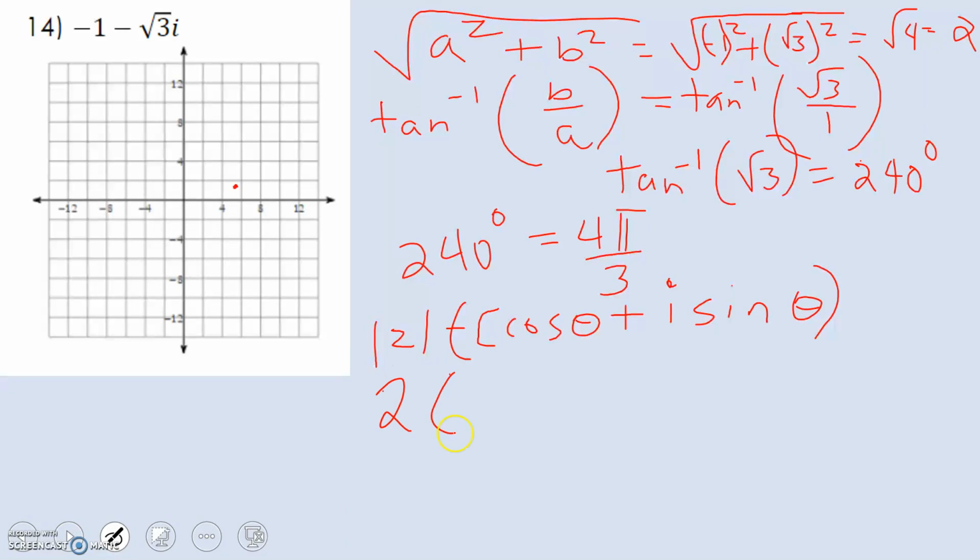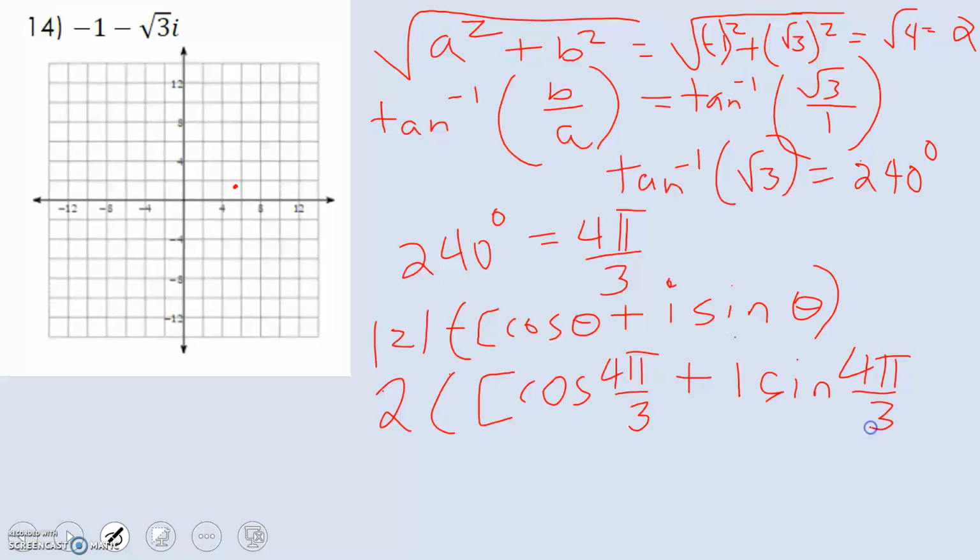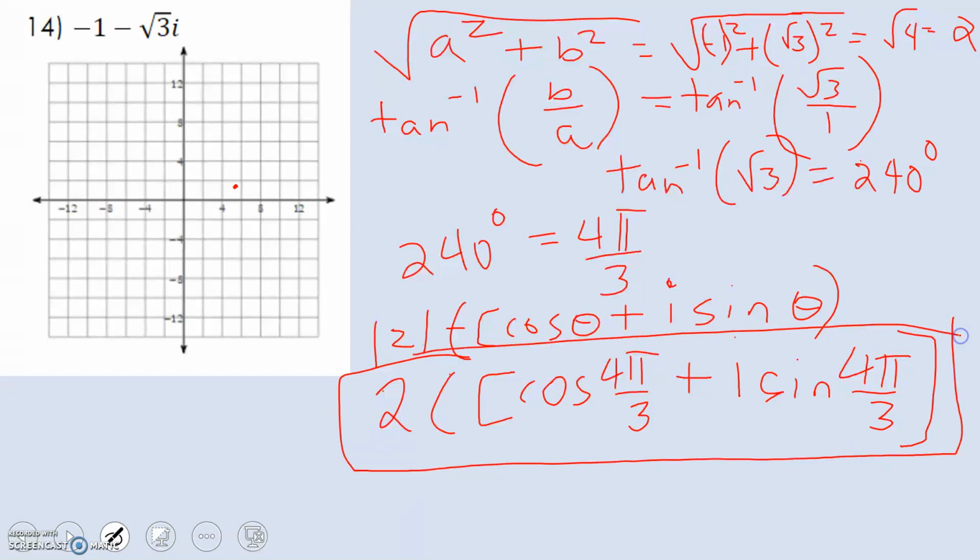You multiply that by cosine of 4 pi over 3, and you add it to i sine of 4 pi over 3. And that is my answer.